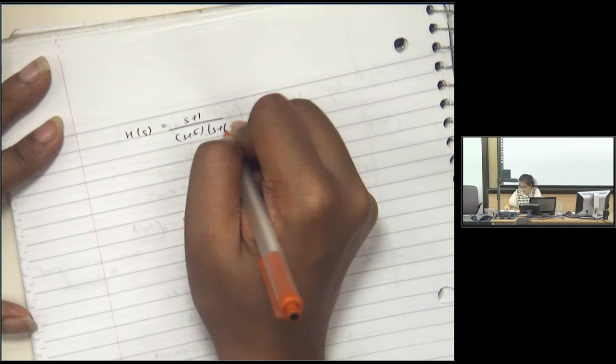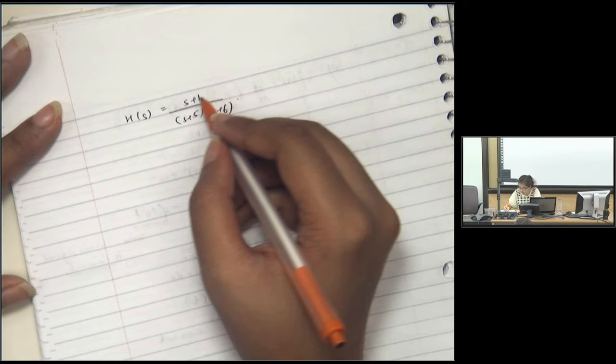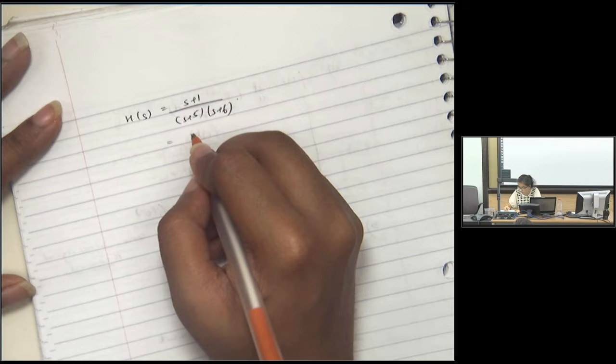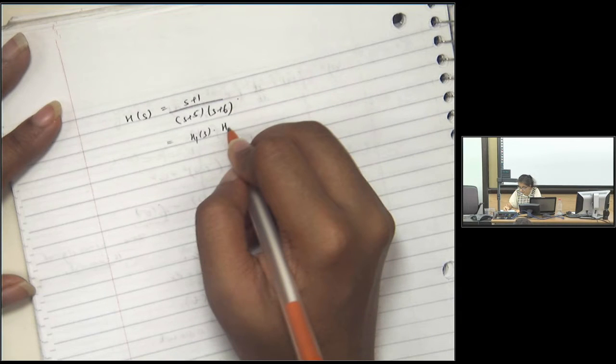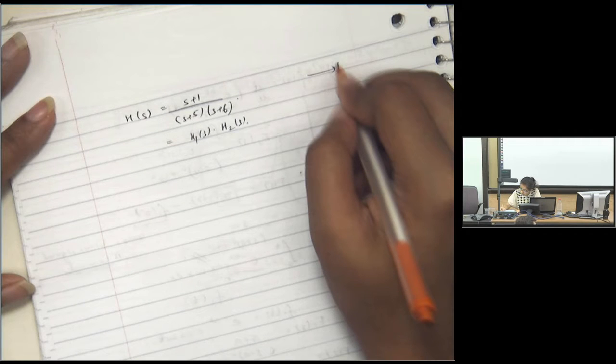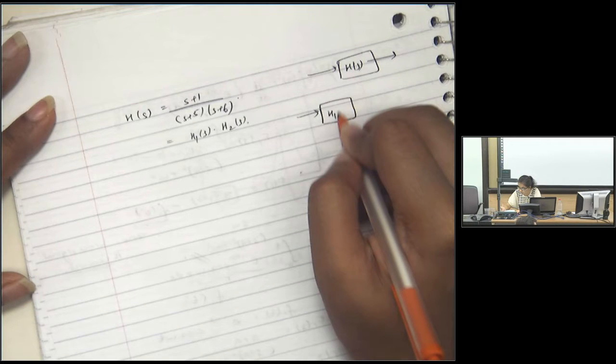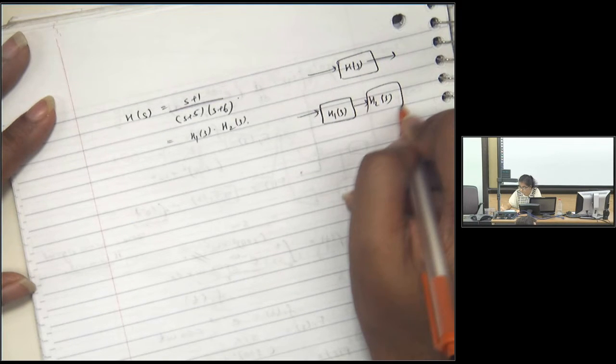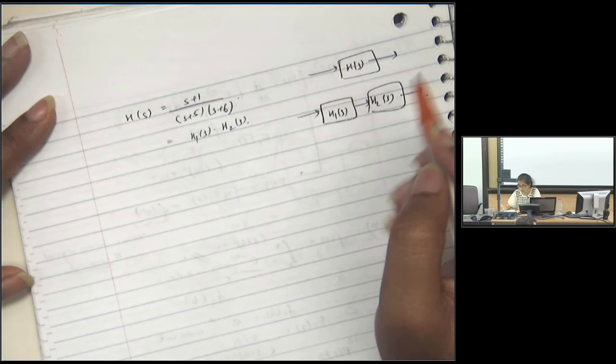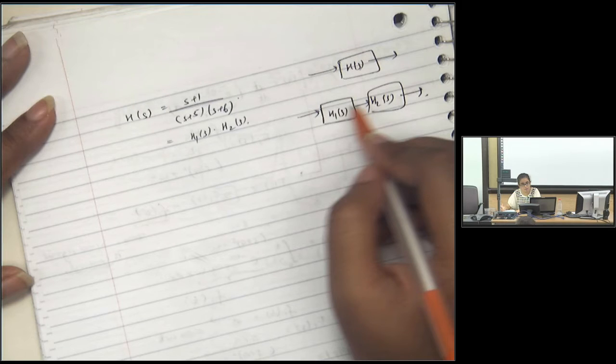So for cascade, I can do it again in two ways. Cascade is nothing but H1 of s multiplied with H2 of s. So let's say if this is my complete system, I'm writing this system as H1 of s followed by H2 of s now. And I can do that because convolution in time domain will become multiplication here.